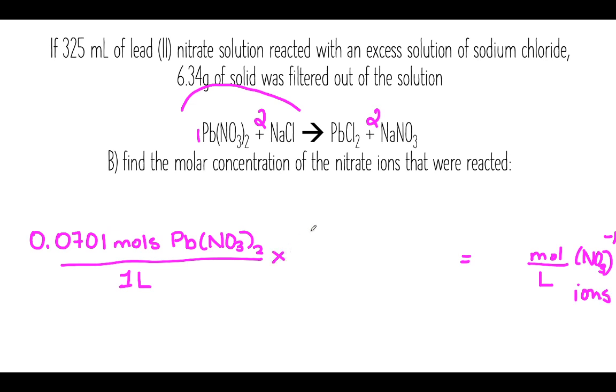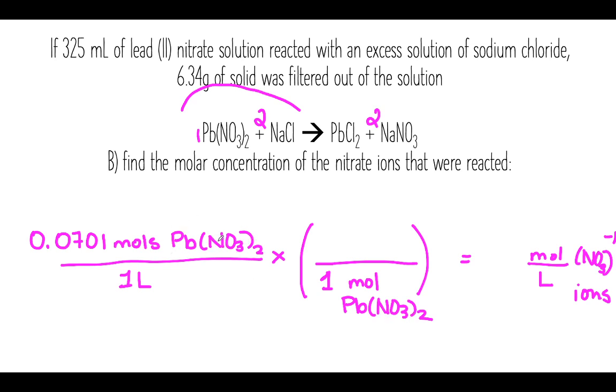Now, how do I get there? I can look at how many nitrate ions there are in 1 mole of lead nitrate. So in 1 mole of Pb(NO3)2, let's see how many nitrate ions there are.